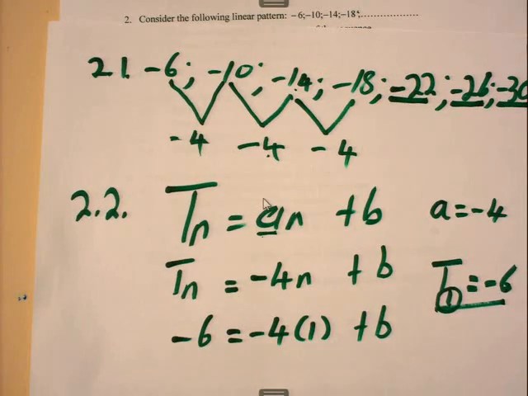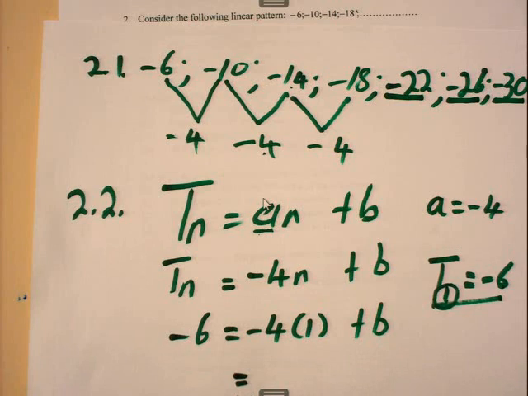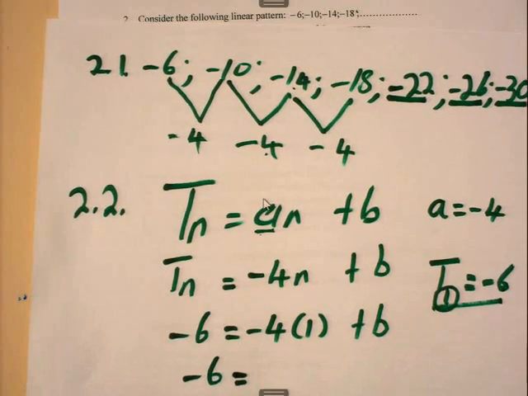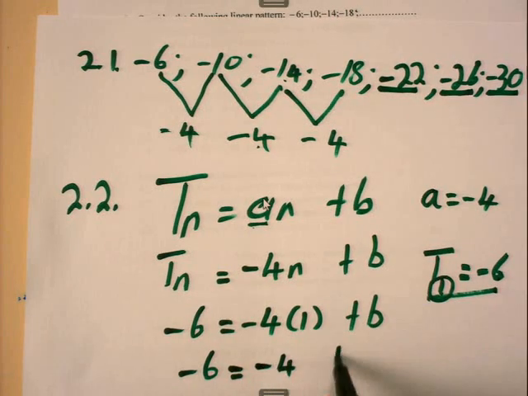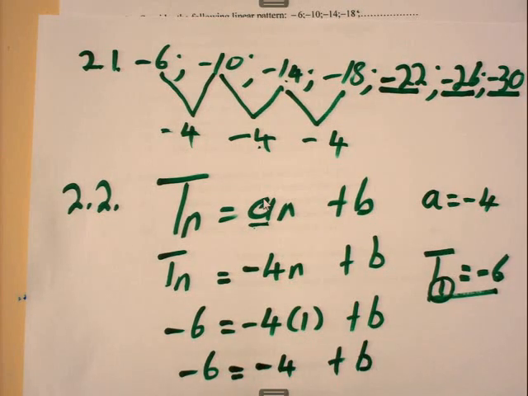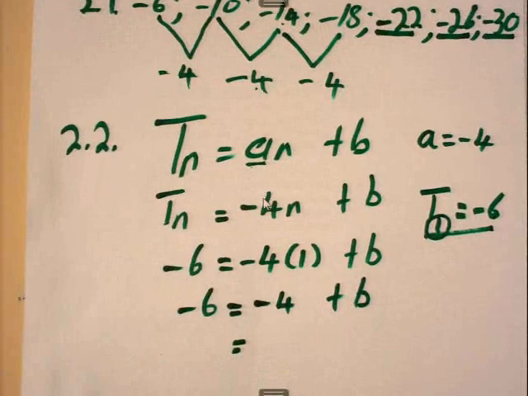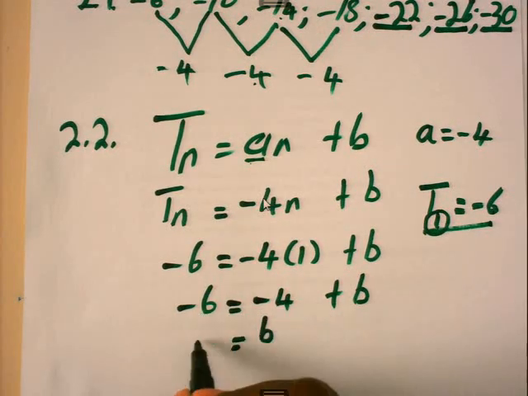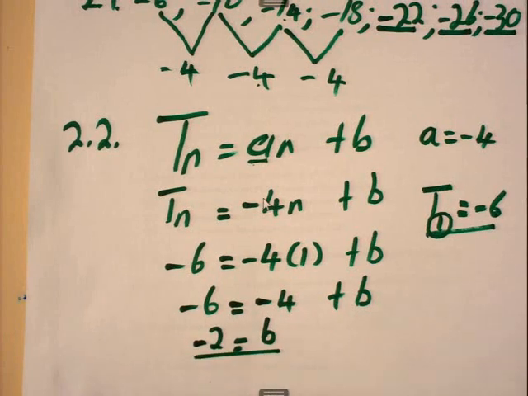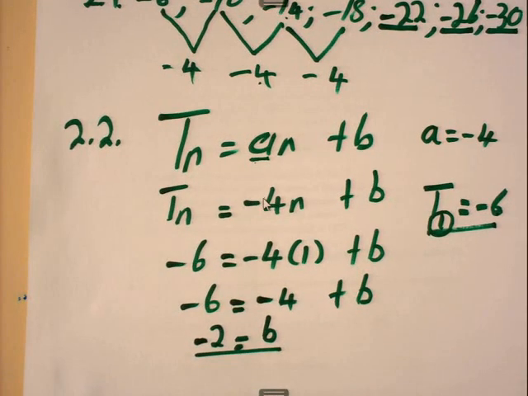Now we can work it out nicely. -6 = -4 multiplied by 1, which is -4, plus b. Let's determine the value of b. Therefore, b is equal to -6 + 4, which gives you -2. Now you can write down the nth term of the sequence.